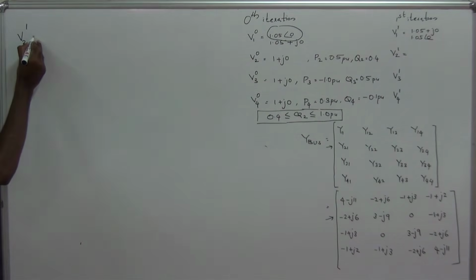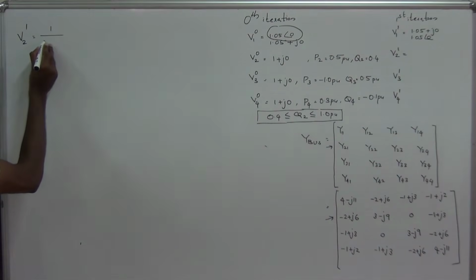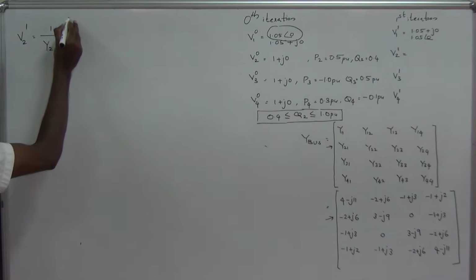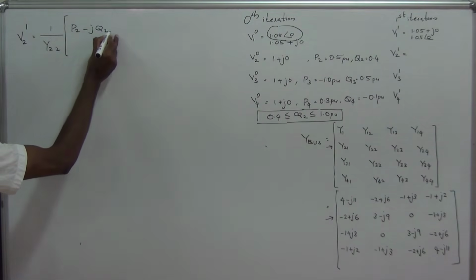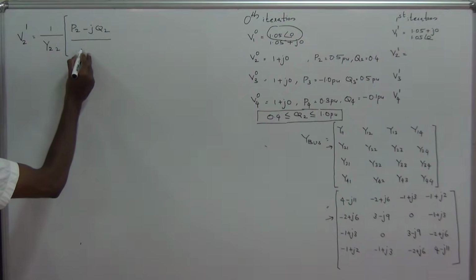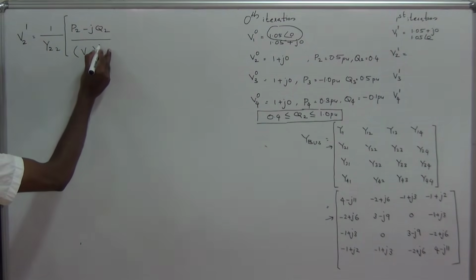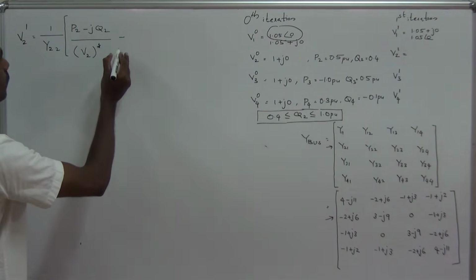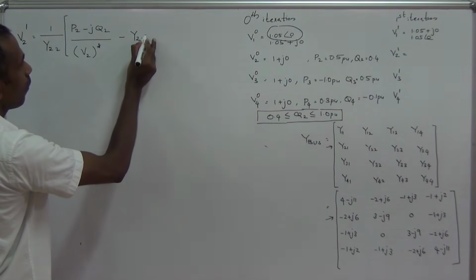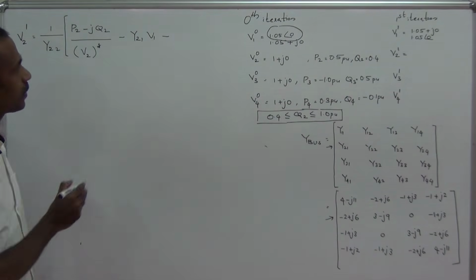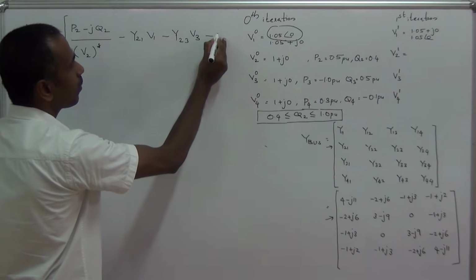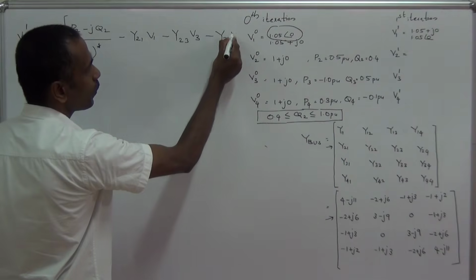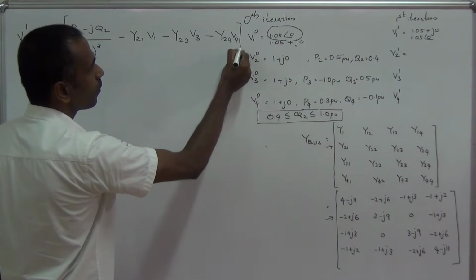So V2 is equal to 1 by Y22 into P2 minus JQ2 divided by V2 conjugate, minus Y21 V1, minus Y23 V3, minus Y24 V4.